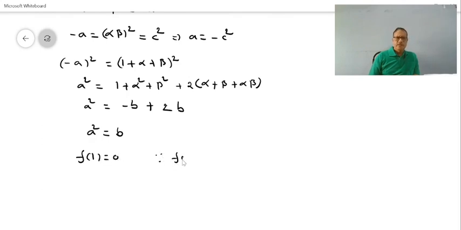What is f of x? So f of x is equal to x cube plus ax square plus bx plus c.